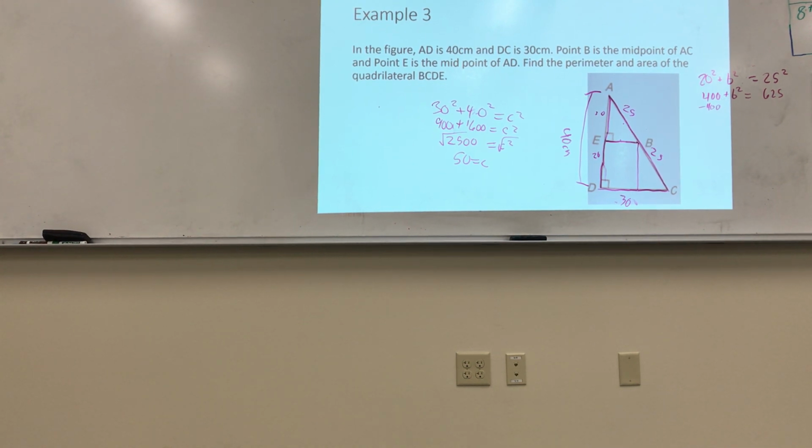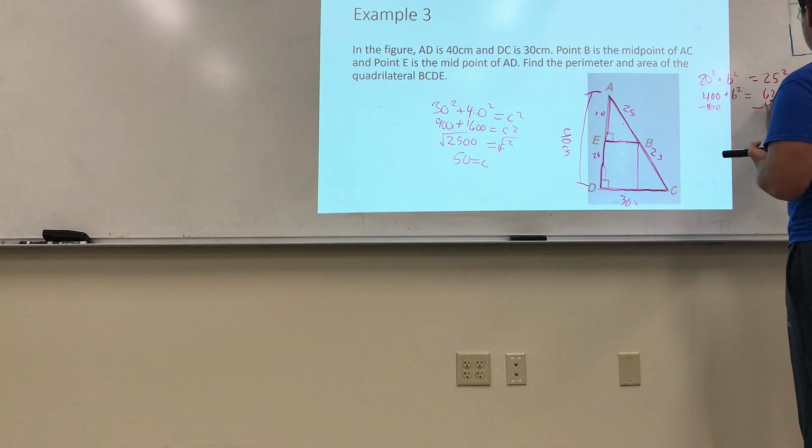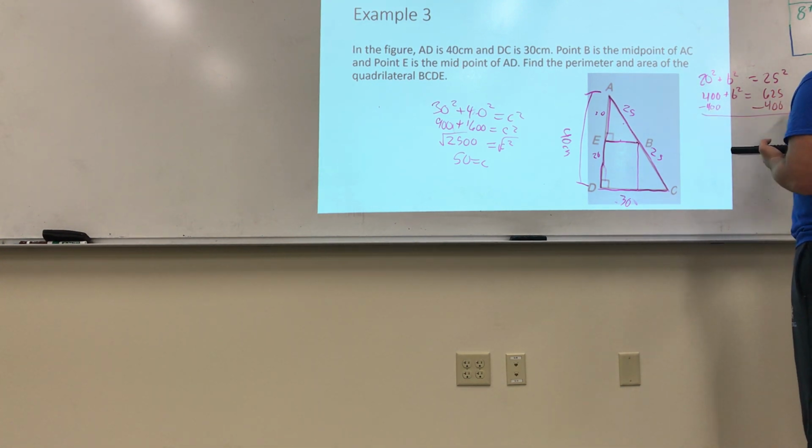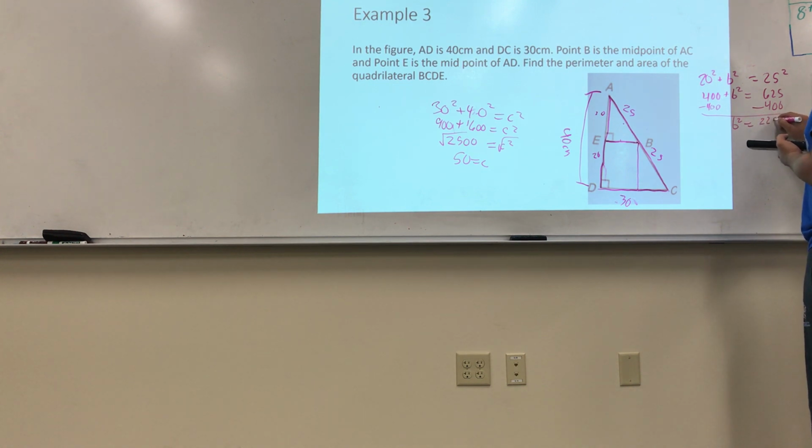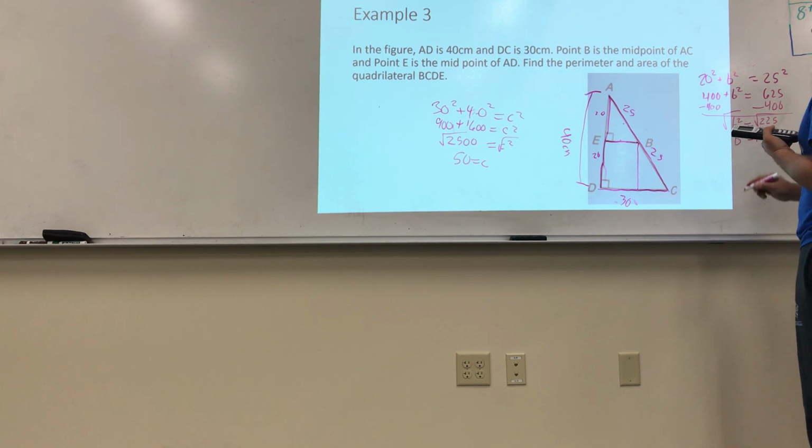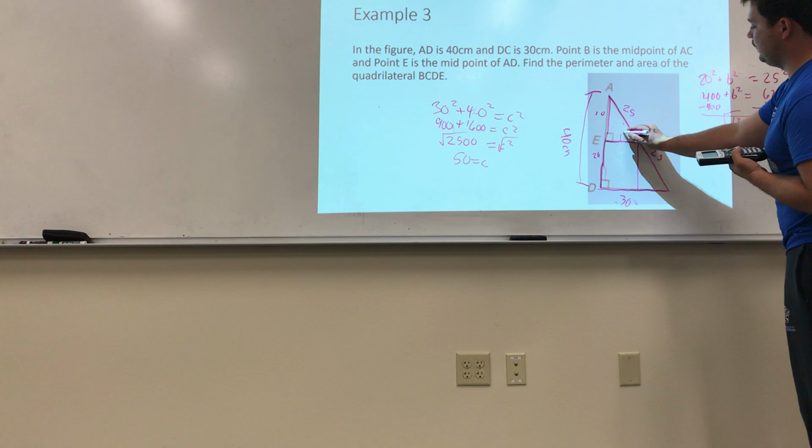Okay, you can still see that. So you subtract 400 from both sides. You're going to get b squared equals 225, square root, b should equal 15. So this equals 15.